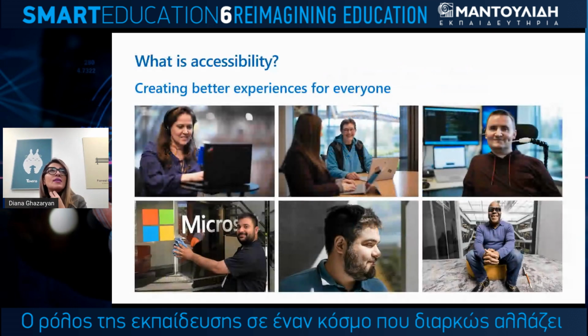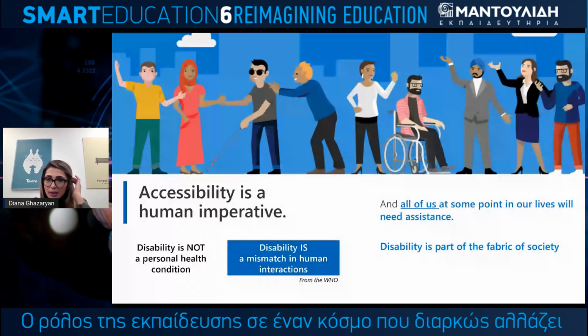And a lot of people ask, what is accessibility? It's not only about the infrastructure and the buildings. It's about the experience of a person and providing a better experience to people. Unfortunately, disability is something that at some time we may get too.